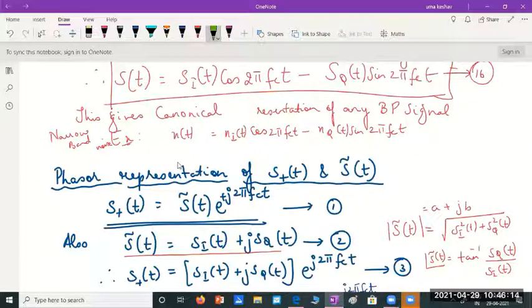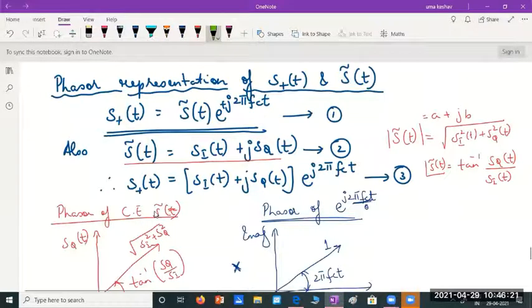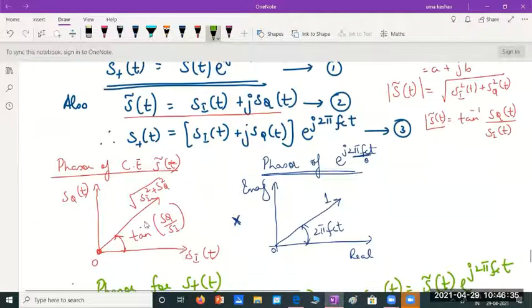Next, we moved on to show the phasor representation of the complex envelope and real envelope. So we wrote the relation between the pre-envelope and the complex envelope, and we wrote the expansion of complex envelope, and we could write the phasor for complex envelope first. Then we wrote the phasor for the e power j theta. This will be a rotating phasor which will rotate about this origin.